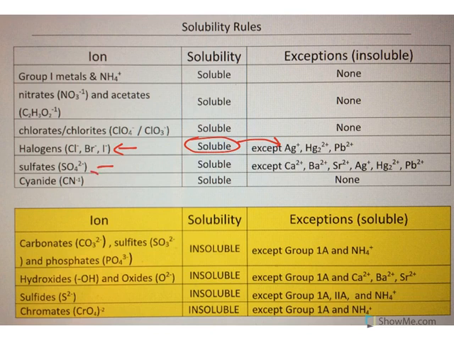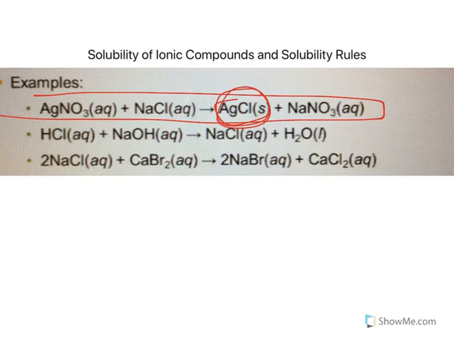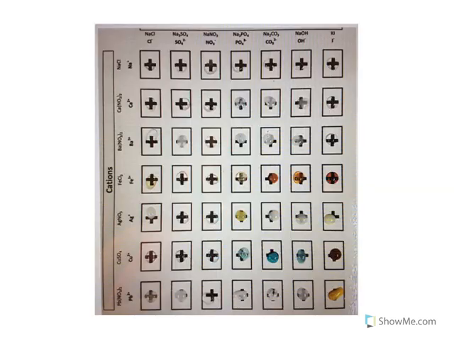Sulfates, SO4, are usually soluble, but look at this pile of exceptions. If we go back to our lab chart and look at the sulfate row: sulfate with a group 1 metal is going to be soluble. Soluble with calcium, not soluble with barium.